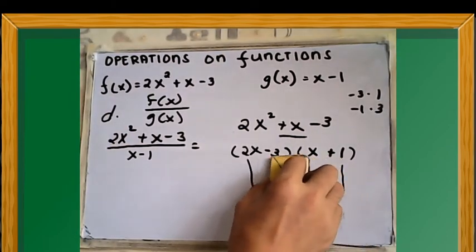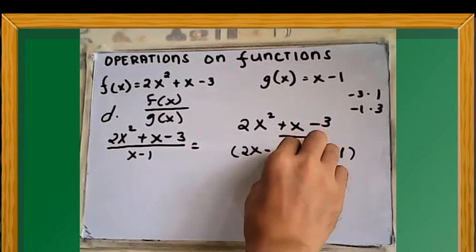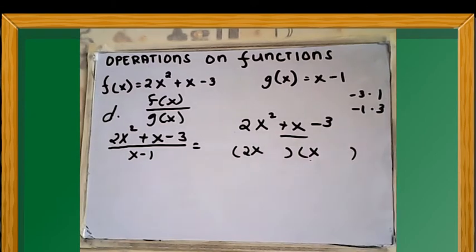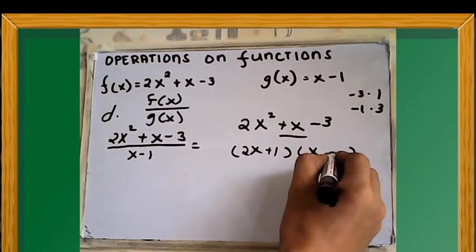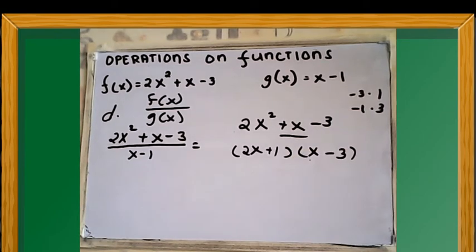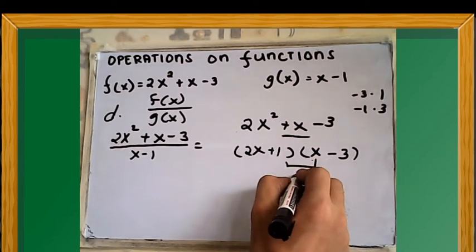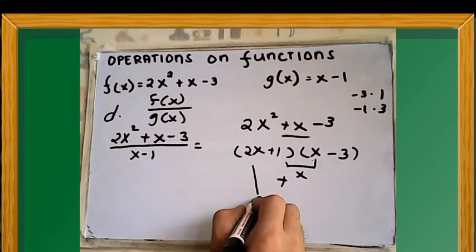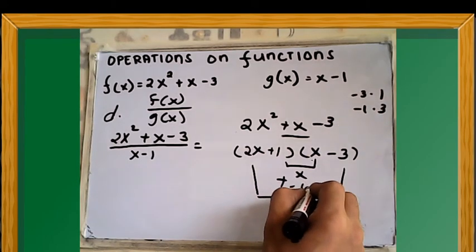Next, try naman natin, pagpalitin natin. So dito natin ilagay si positive 1, at dito natin ilagay si negative 3. So 1 multiplied by x is x plus 2x multiplied by negative 3, so negative 6x.